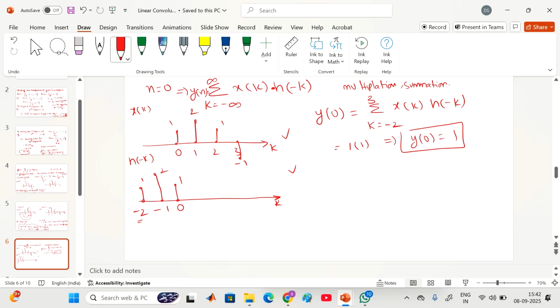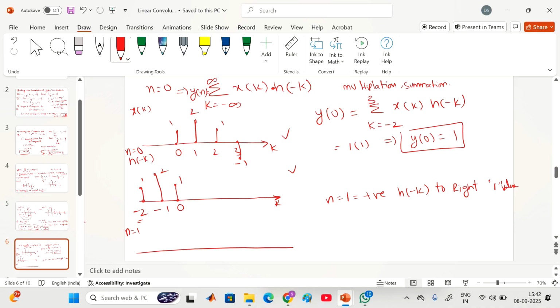Now again increment the n value. The starting n value is 0, so increment it by 1. So what is the n value? n is equal to 1, a positive value. If n is equal to 1, do I shift h of minus k to the left side or the right side? The right side, by only one index.